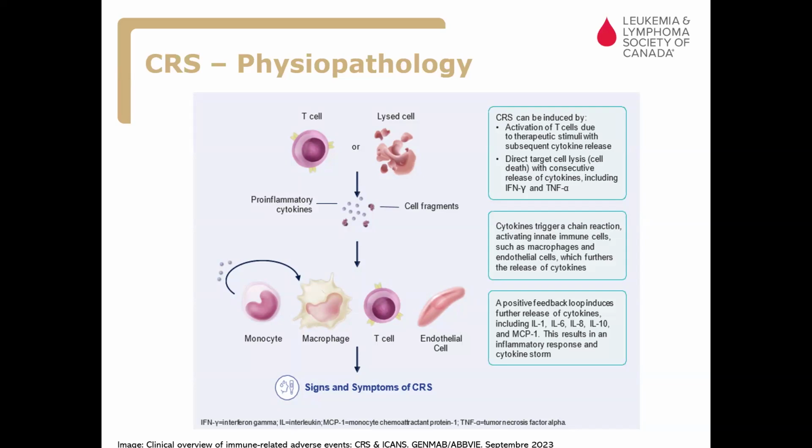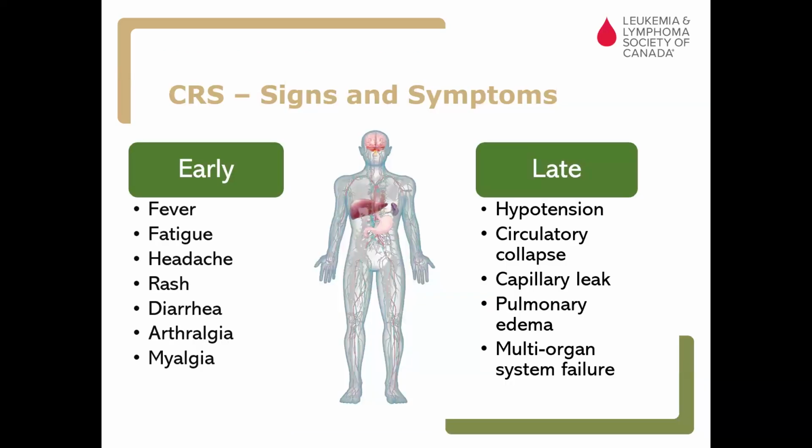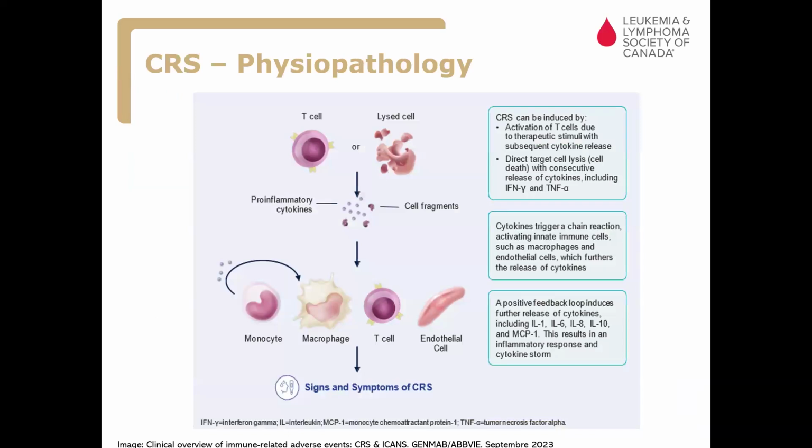It can also be caused by the direct target cell lysis or cell death with consecutive release of cytokines. Cytokines trigger a chain reaction, activating innate immune cells such as macrophages and endothelial cells, which further the release of cytokines. This results in a positive feedback loop, inducing further release of cytokines. And this results in an inflammatory response and cytokine storm, which leads to some serious side effects.